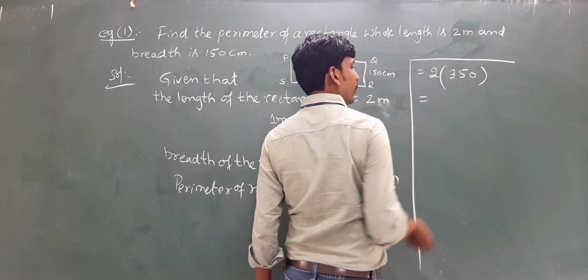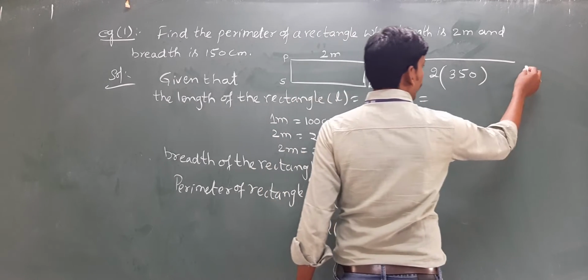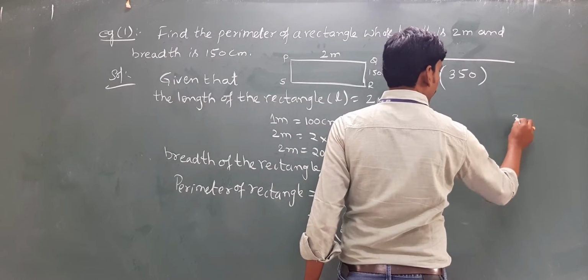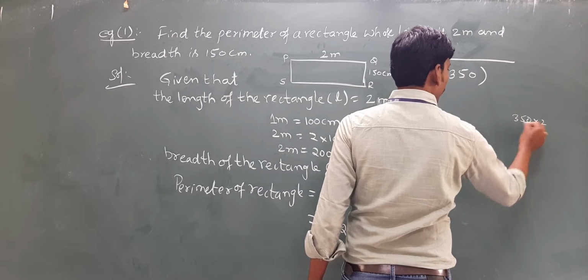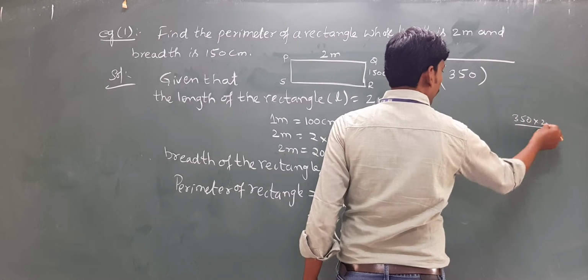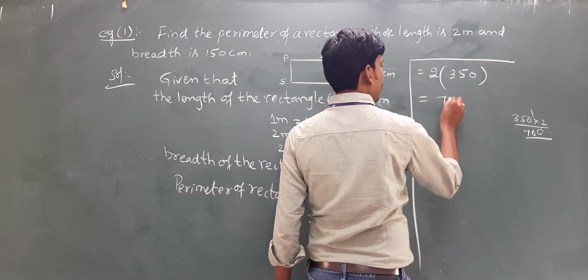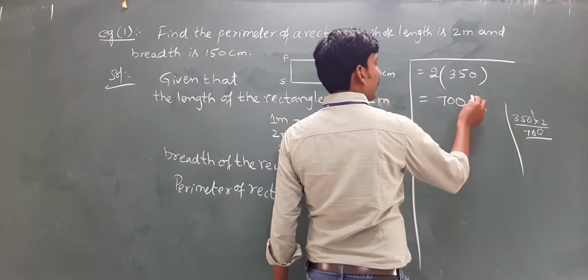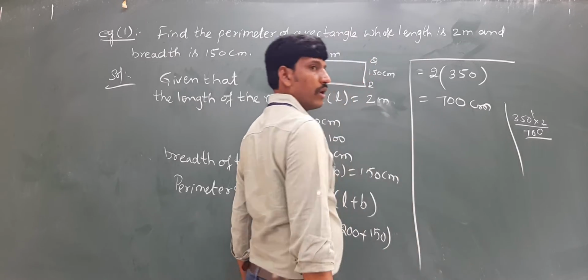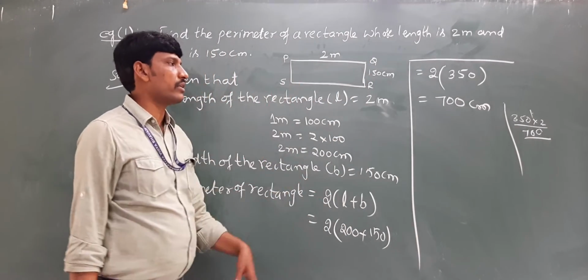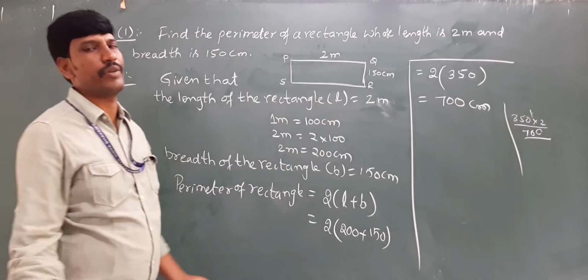Now 350 into 2 is how much? 2 zeros are 0, 2 5s are 10, 1 carry over, 2 3s are 6 plus 1, 7. So 700 centimeters. If you want to convert into meters, 700 centimeters equals 7 meters.